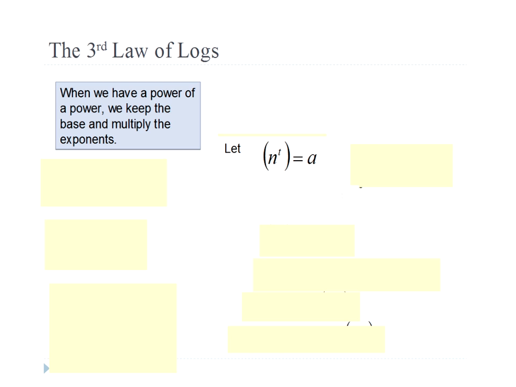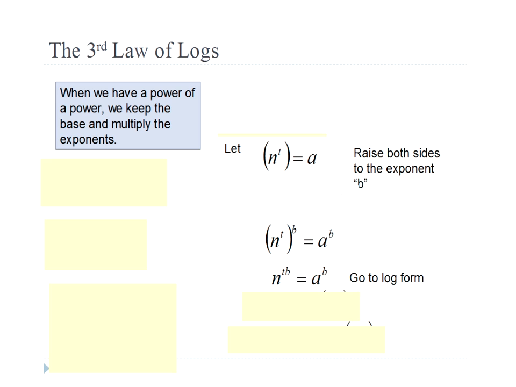So let's consider n to the t equals a. And so what we would have here is we could raise both sides to the exponent b. I know I have a power of a power on the left-hand side, so I keep the base and multiply the exponents. If I go to log form here, I can write this as log to base n of a to the b equals b times t.